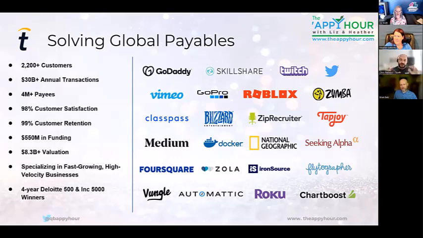Just going to give you a quick overview of Tipalti if you haven't heard of us. I know we've been talking like you guys know who we are, but for those of you who don't, we are a global AP automation solution. We were founded in 2010 and we've been rapidly growing since. We have well over 2,200 customers. We're processing 30 billion in annual transactions. We are a licensed money transmitter.